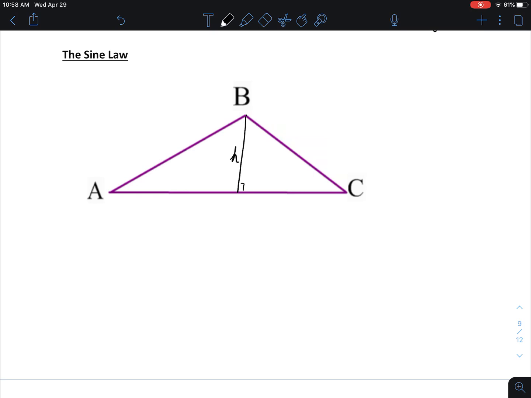And now I've separated my triangle into two right triangles. And remember how to label this.